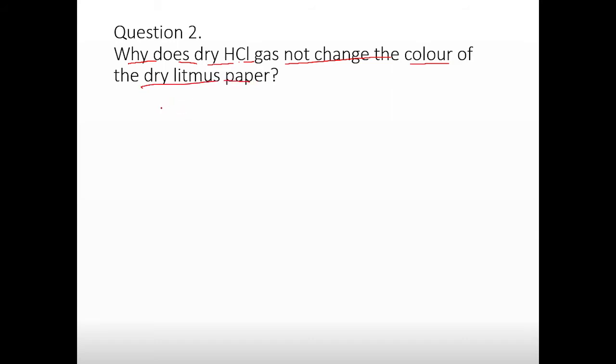Very important thing to understand is that whenever you say acid, it will show its property only when the H plus ion is released, and the ionization of acid will happen only when there is dissolution in water. Let's take an example, that is HCl when dissolved in water.